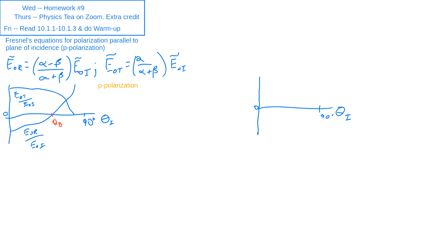And let me see something. So we get something kind of similar for our transmission, where the transmitted amplitude goes down to 0. At grazing incidence, everything gets reflected. So this is my transmitted amplitude normalized by the incident amplitude.